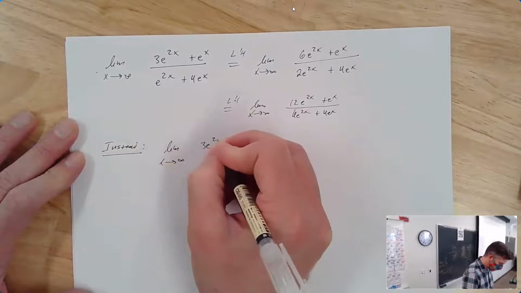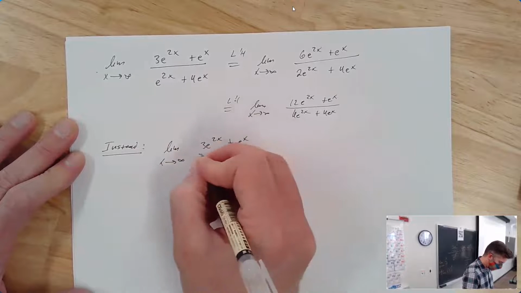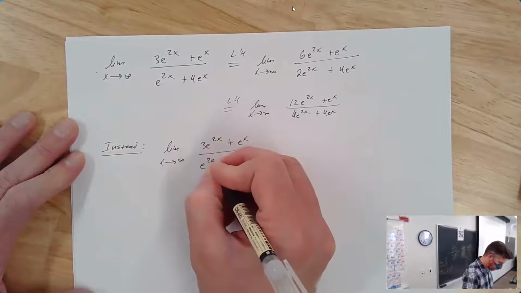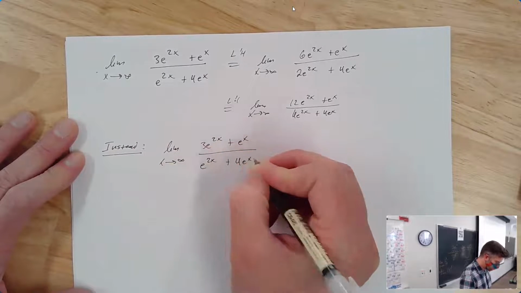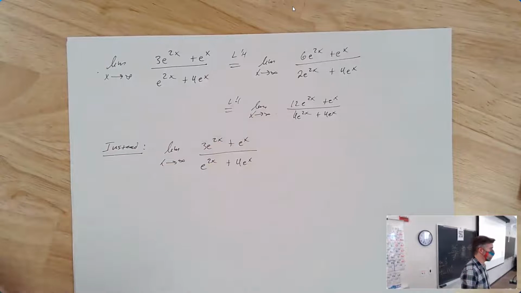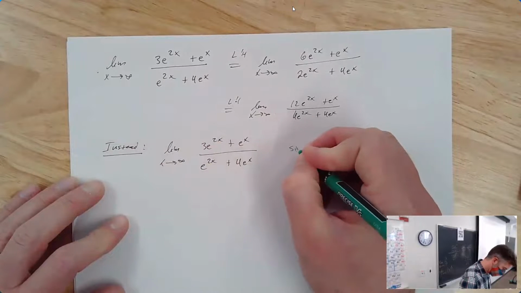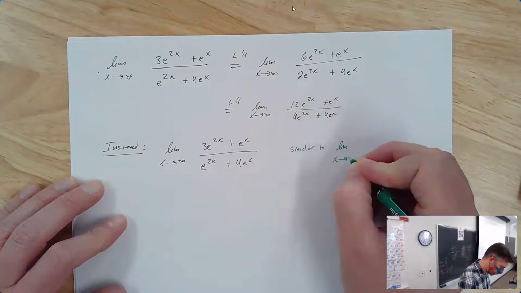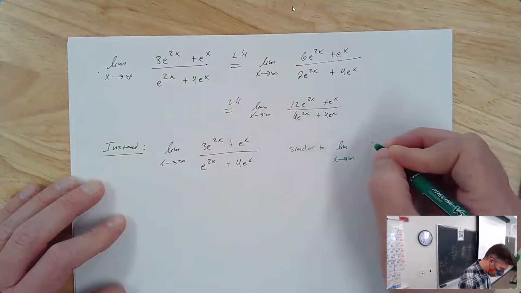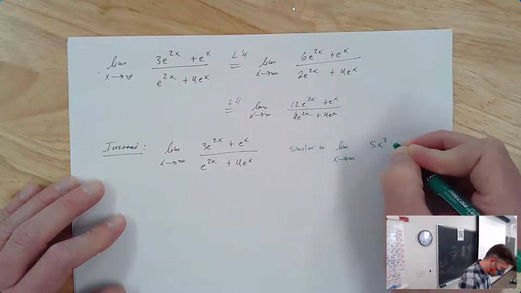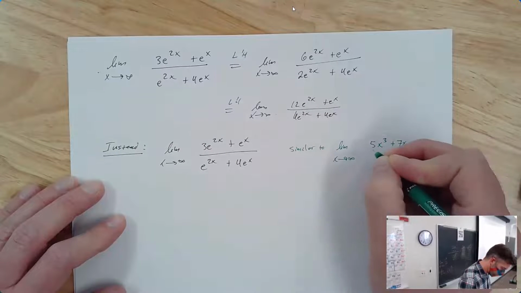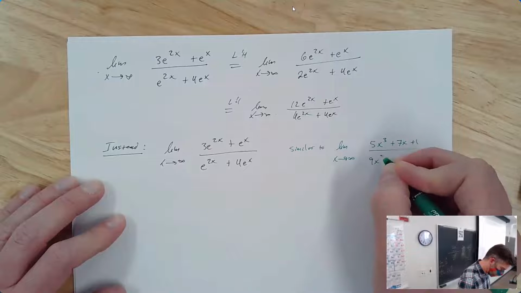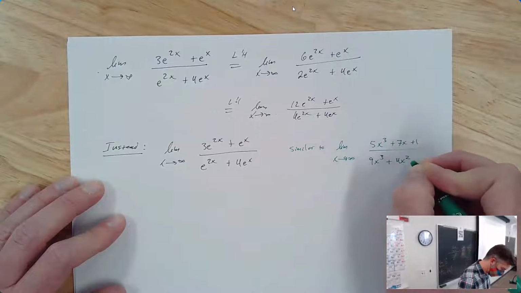When you have something like this with exponentials, you want to think about which term is getting the biggest the fastest, or what's the dominating term. This is very similar to the limit as x goes to infinity of, say, 5x cubed plus 7x plus 1 over 9x cubed plus 4x squared plus 8.